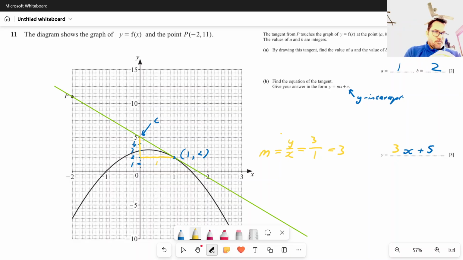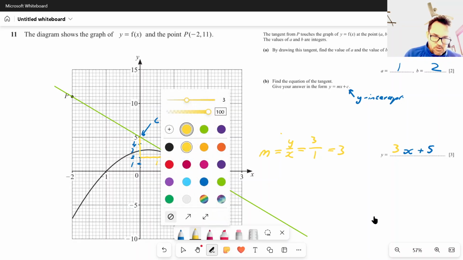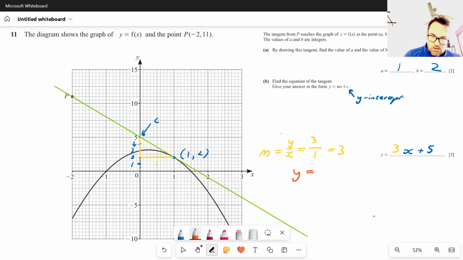You don't have to do everything I'm going to do now, but you could, if you want to check your answer. You can check this equation, y equals mx plus c. Remember we said the c is 5, that was easy to find. And then take any point on the line. Let's take the point they've given us, because that's the surest thing. Because there we have an x and a y. So we change the y for 11, and we change the x for minus 2.